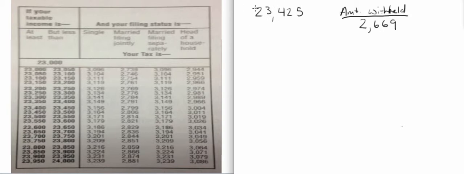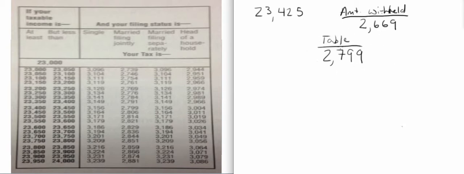We need to make sure we've got 23,425 somewhere in there. That's in this column right here where my mouse is. So we're looking in this top column of this third grouping, at filing jointly. So that's 2,799. That's the value we get from the table.